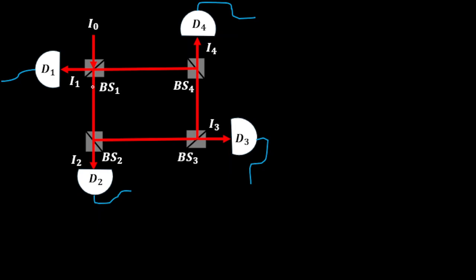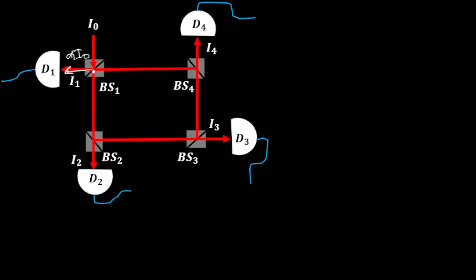So here is the figure that is given in the question. You can see here, first the light will be incident on beam splitter 1 with intensity I naught. When this light passes through this beam splitter, alpha times I naught intensity will be reflected in this direction, and it will go to detector 1.